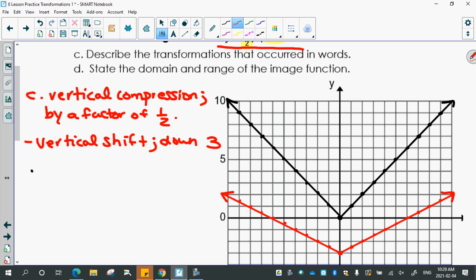So can you figure out the domain and range of the image? So what did we get for domain?